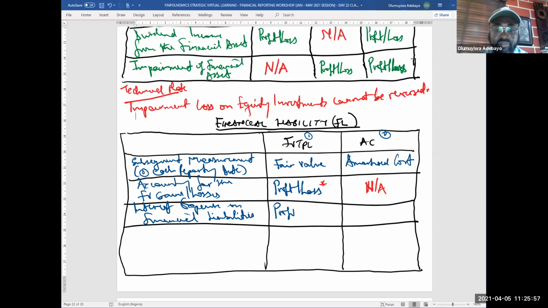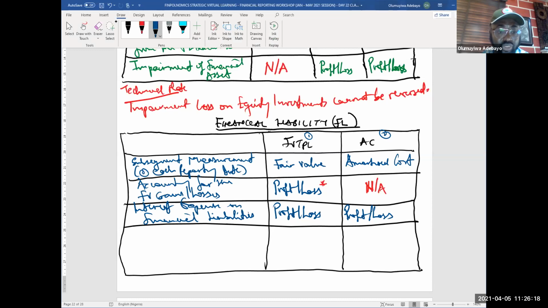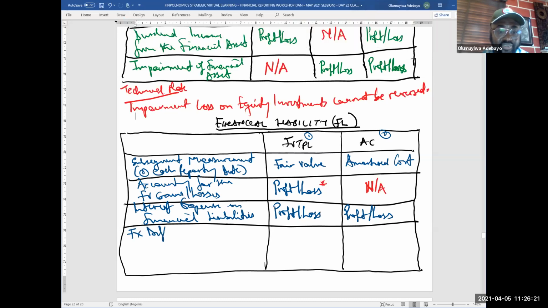Regardless of the class, will be recognized in profit or loss. Invariably, if you have foreign exchange differentials on financial liability, especially those ones that were carried in foreign currency, this will go to profit or loss, and this goes to what?